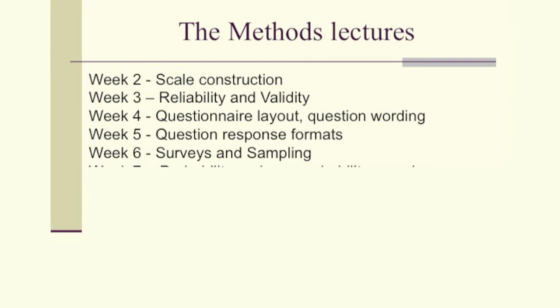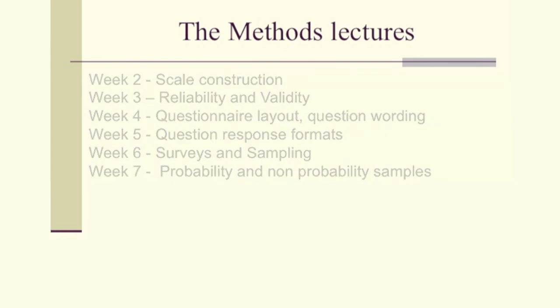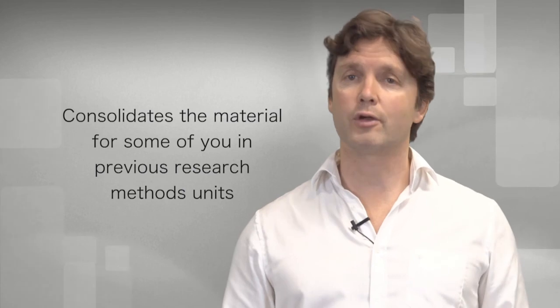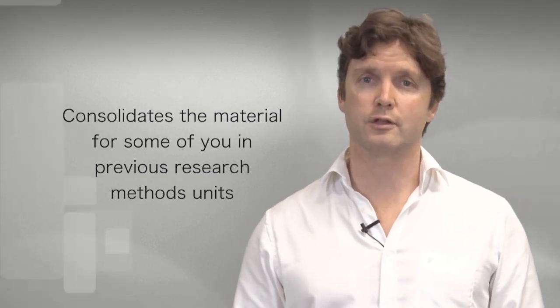In the week 7 method lecture, we're going to be looking at sampling, and in particular different types of sampling, probability and non-probability sampling. Now, sound knowledge of sampling is fundamental to all research. The material in this lecture needs to become part of your permanent professional knowledge base. It consolidates the material introduced for some of you in previous research methods units.